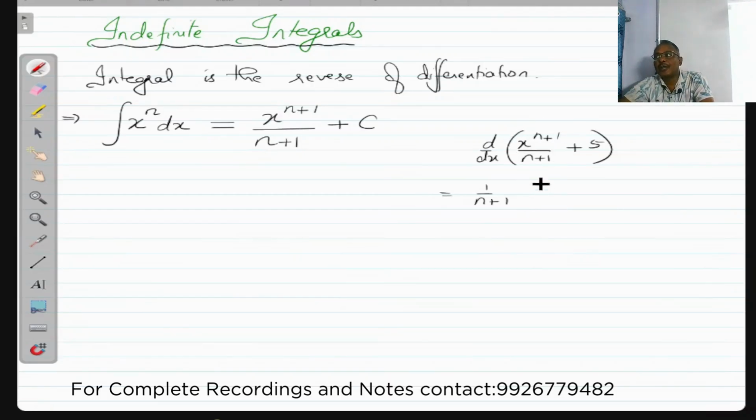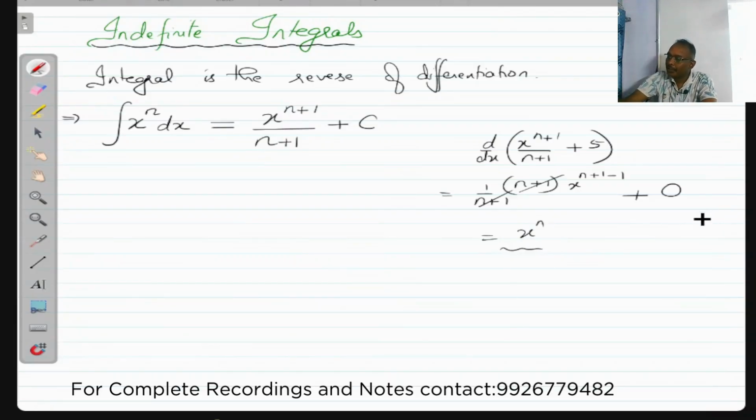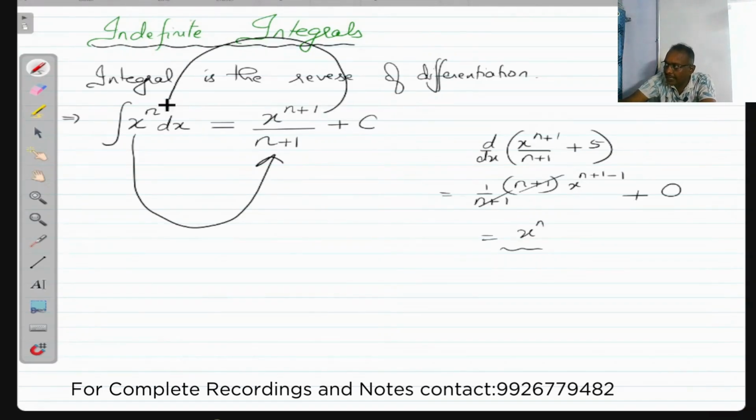And x to the power n plus 1, the differential is n plus 1 times x to the power n plus 1 minus 1, plus any constant alone, the differential is 0. These two cancel off, and so you have x to the power n. So this is the integral because the differential of this is x to the power n.